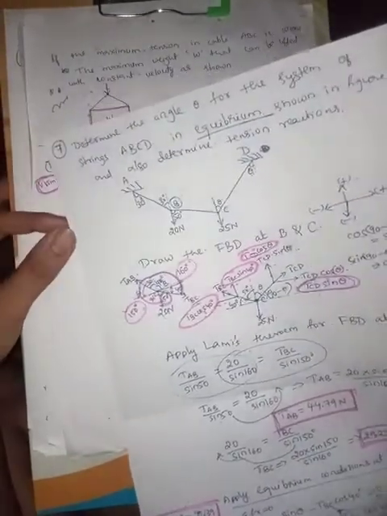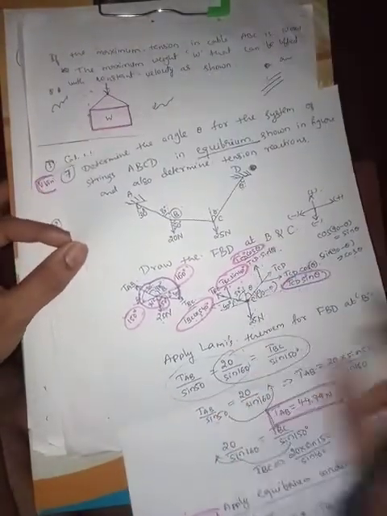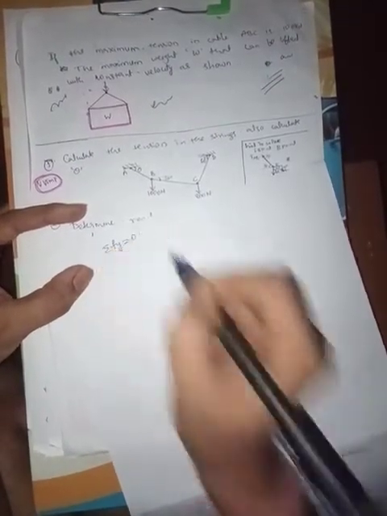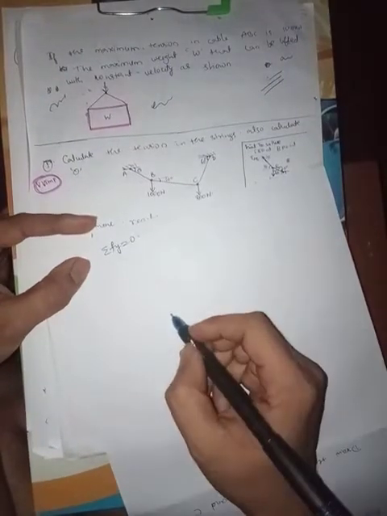So now I'm writing these forces here. Sigma Fy equals 0, that is nothing but the vertical components of the forces.